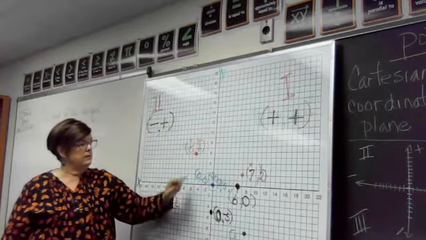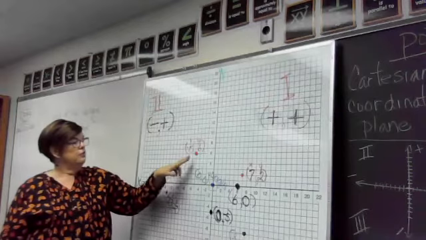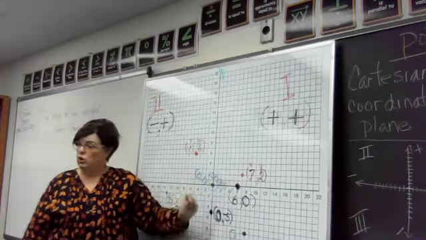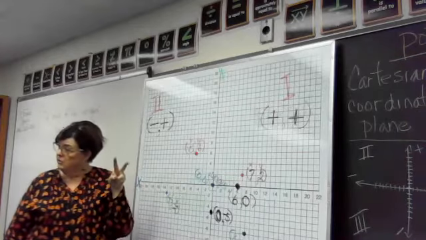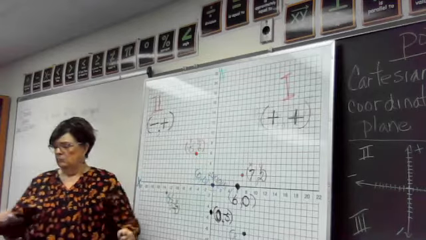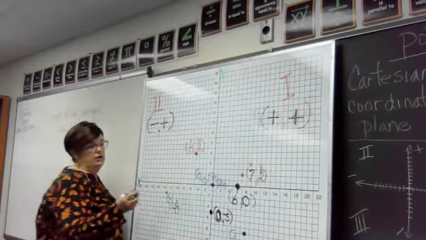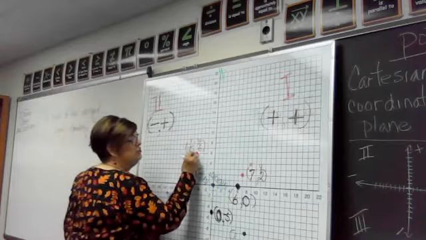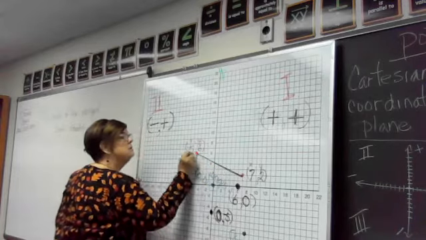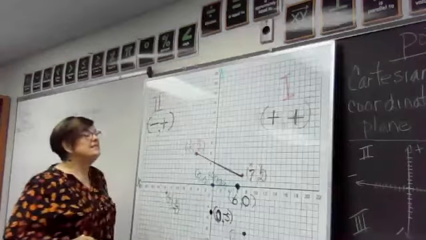I may erase those, but they tell you to plot this point and then this point. As long as you have 2 locations, 2 points, you can create a line segment, or actually a line. They're going to have you connect these 2 points, almost, to make a line segment.